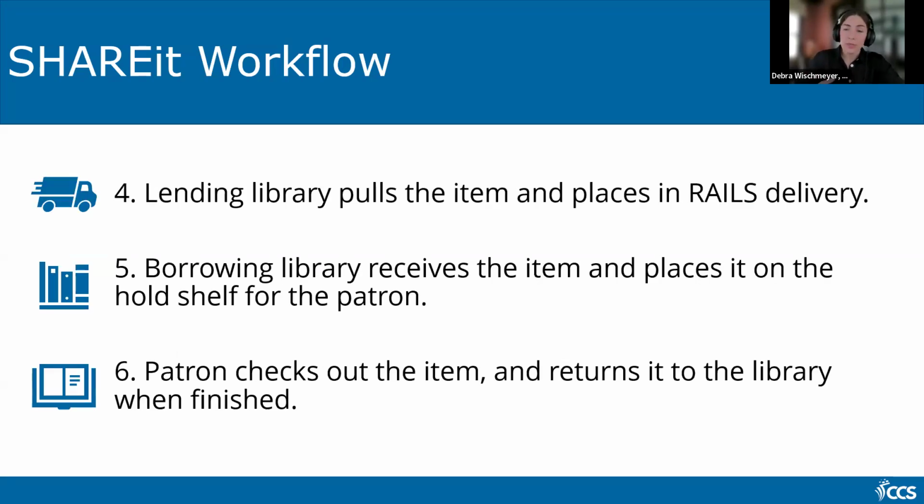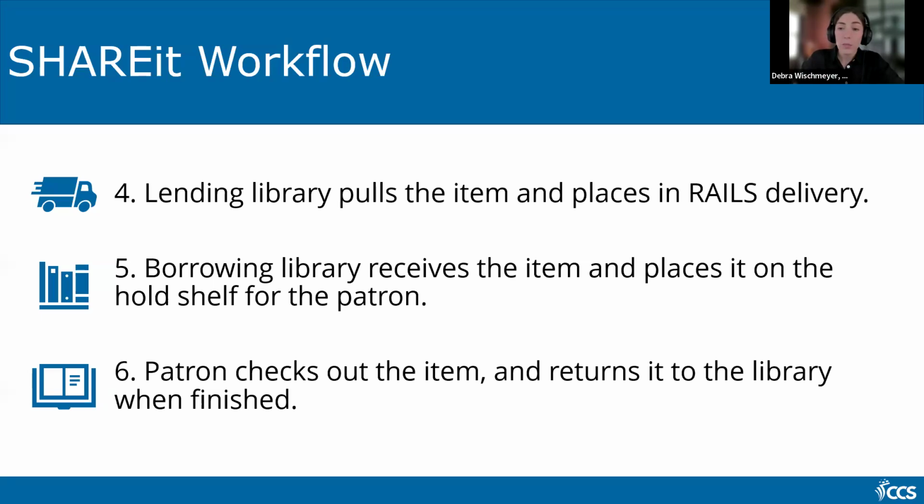The lending library, the library that's been marked to supply the request, will pull the item from their shelves. They'll mark the item as shipped in ShareIt, and then they'll place the item in Rails delivery. The item will go on its way to the borrowing library through Rails delivery until it arrives at the borrowing library's location.